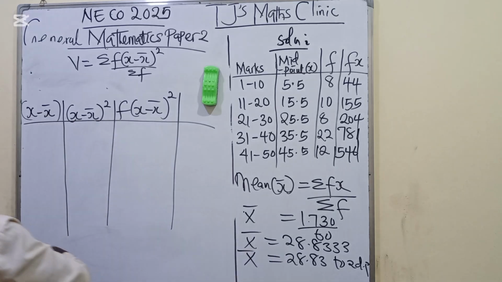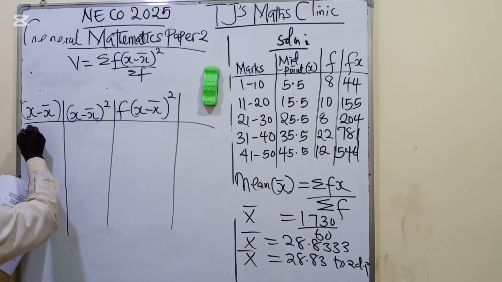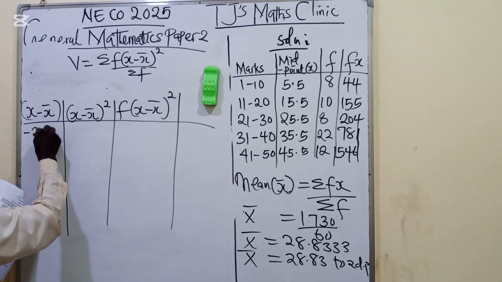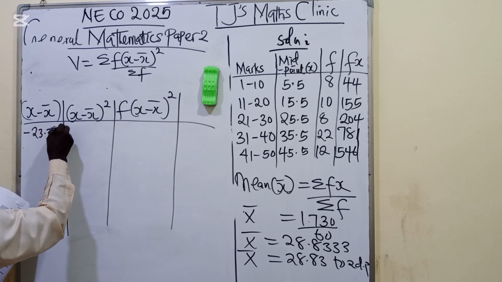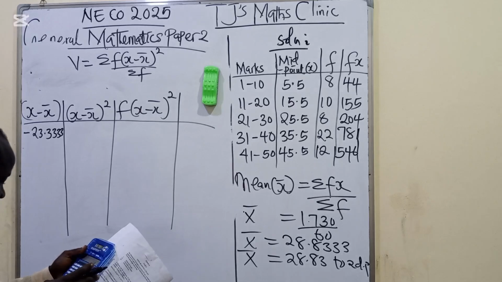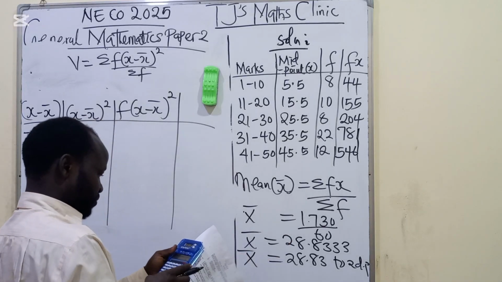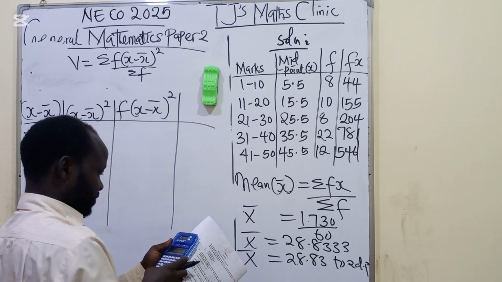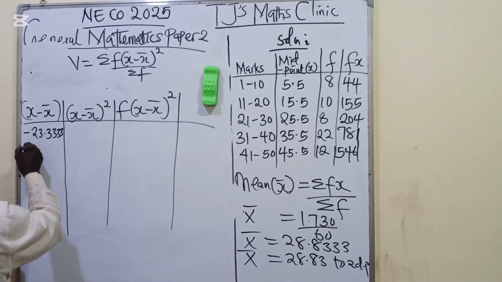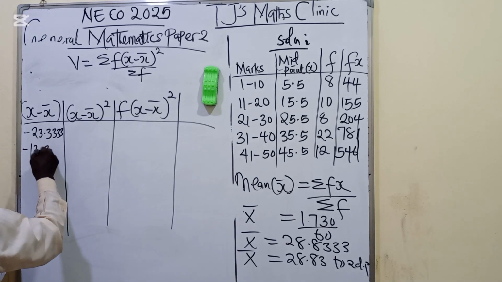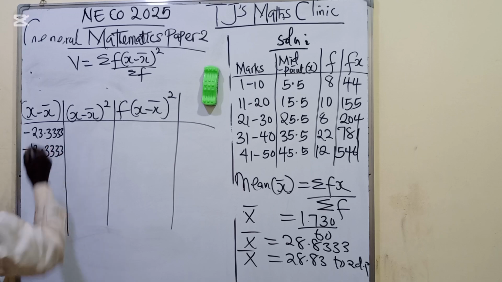We'll get minus 23.3333. Next, 15.5 minus the same x bar, 28.8333, we get minus 13.3333.